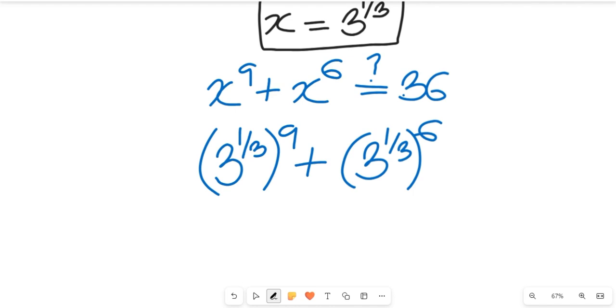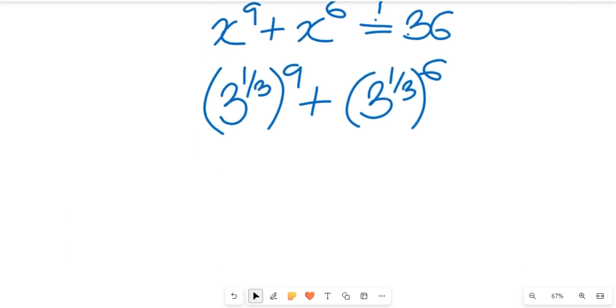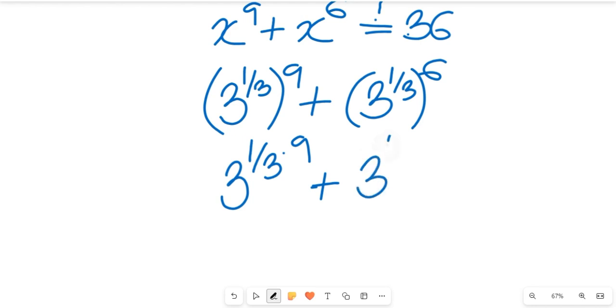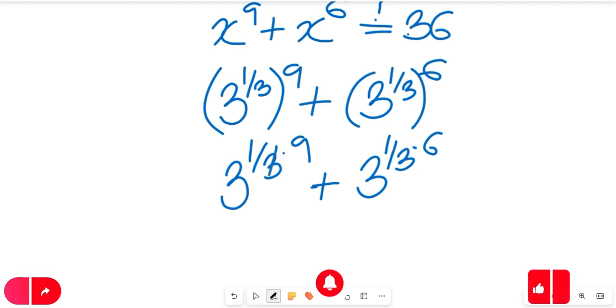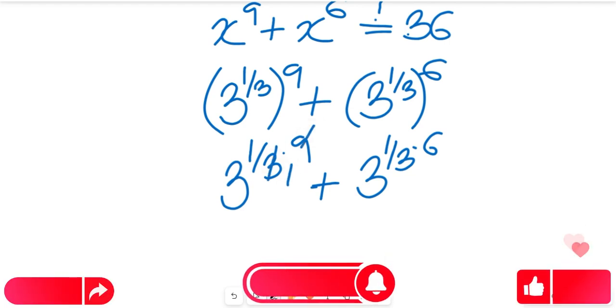According to the law of indices, the internal exponent will multiply the external. So we'll have 3 to the power of 1 divided by 3 multiplied by 9, plus 3 to the power of 1 divided by 3 multiplied by 6. So this over here will give us 1 and this will give us 3, right? This will give us 1 and this will give us 2.